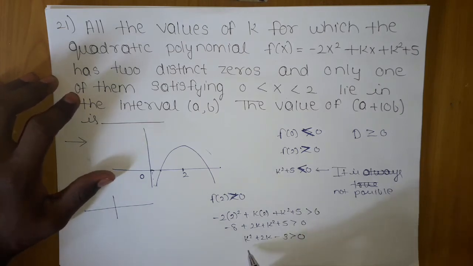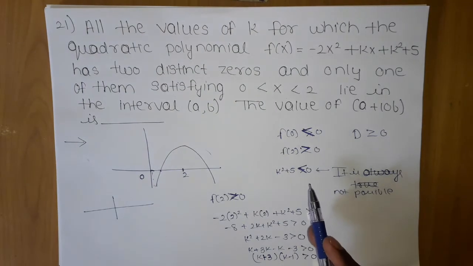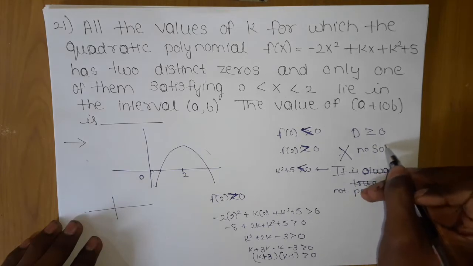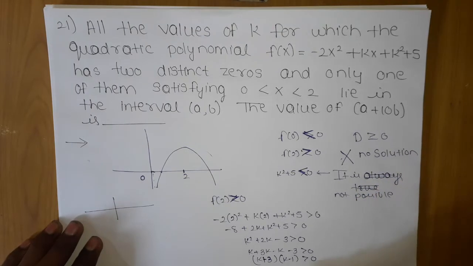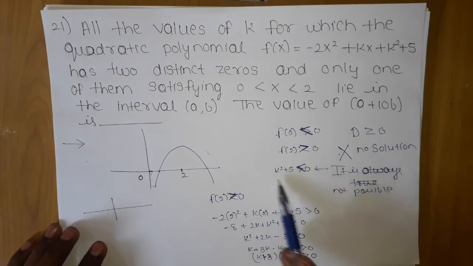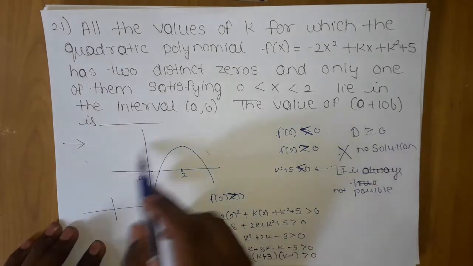So here we get (k plus 3)(k minus 1) greater than 0. So here one condition failed, so this will not be a solution. There is no point in solving it further. Although we got the solution, one condition failed, that this is less than 0, which is not possible. So we will cancel out this idea of graph.